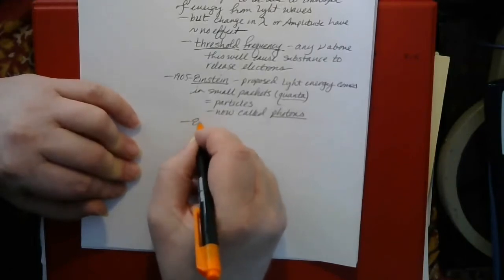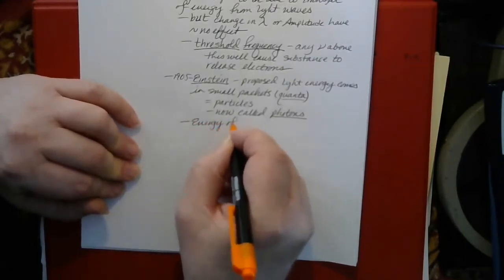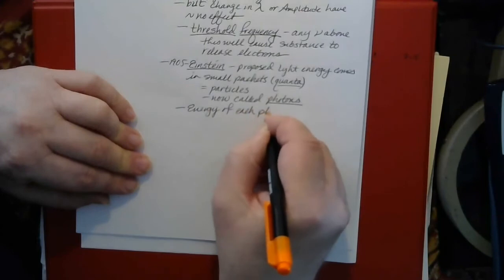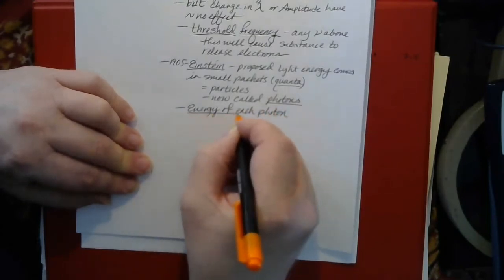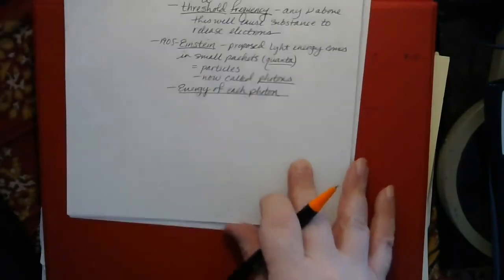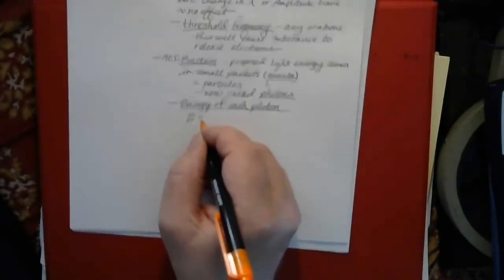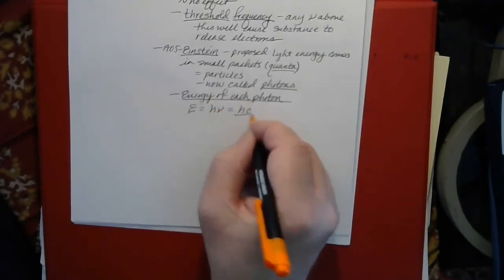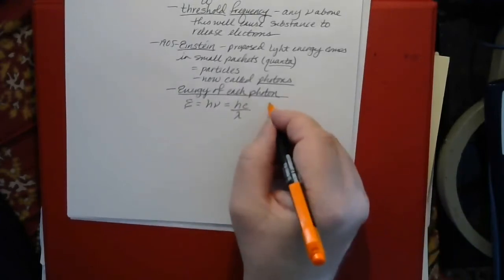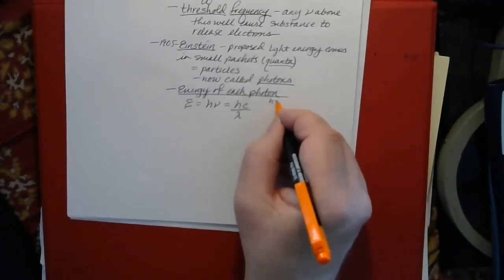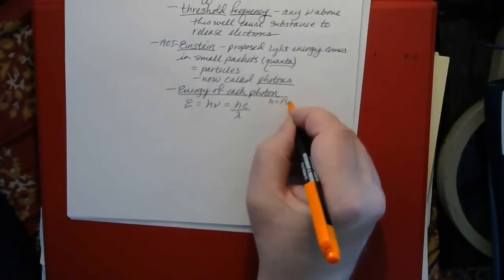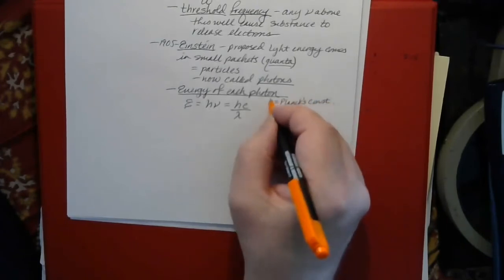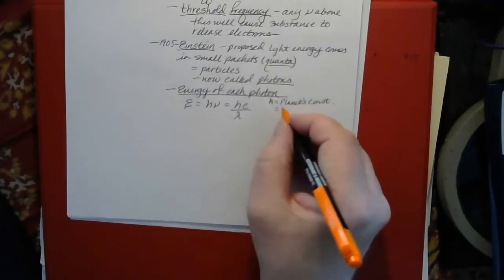The energy of each photon of light is given by an equation that involves either the wavelength or the frequency. That's E equals h nu, or E equals hc over lambda. You might be wondering what that h is. H is Planck's constant, a proportionality constant between the other terms in the equation.